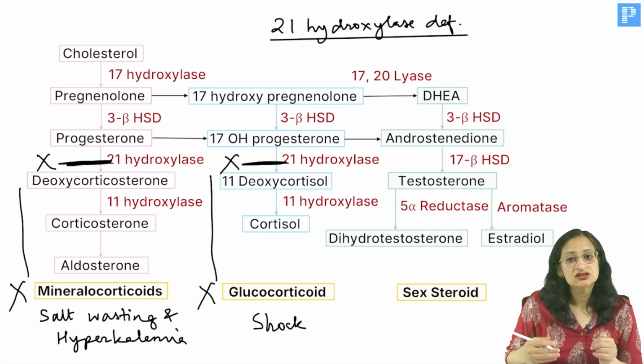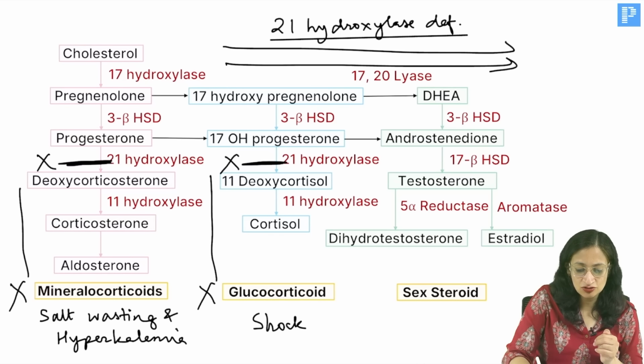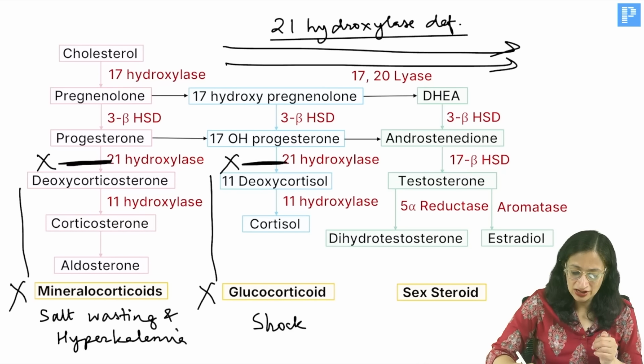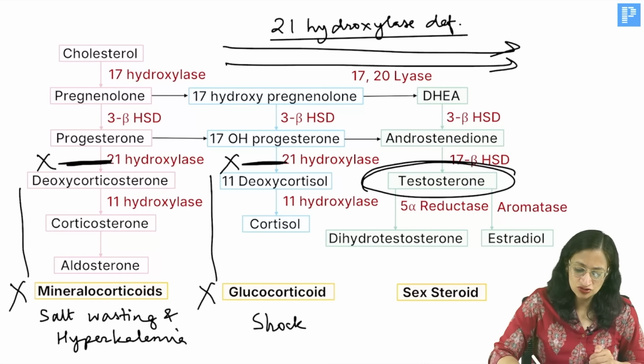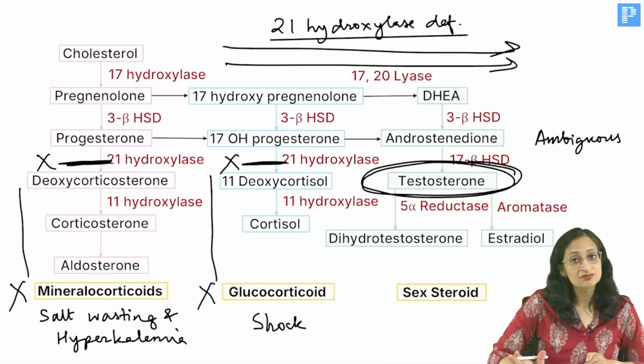Now, because this mineralocorticoid and glucocorticoid pathway is not getting completed, all the metabolites are shunted to the sex steroid pathway, right? So, excess sex steroids are formed, excess testosterone is formed. In a female baby, you will have ambiguous genitalia. But in a male baby, genitalia will be normal at birth. There could be some hyperpigmentation, but when this child grows up, there will be precocious puberty.